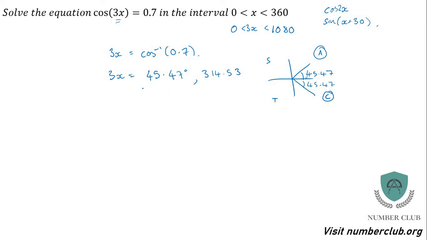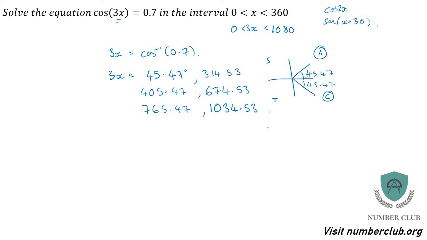So adding 360 to this will be 405.47, and you'll get 674.53, and adding 360 to this will be 765.47, and adding 360 to 674.53 is equal to 1034.53.